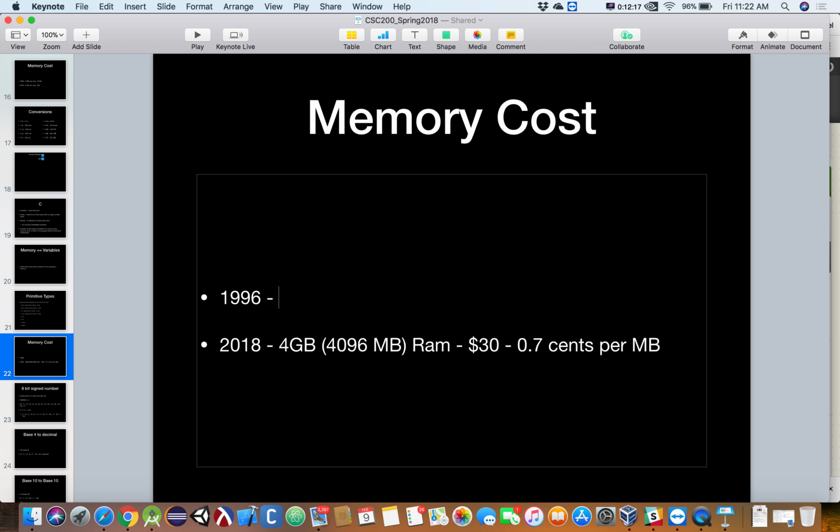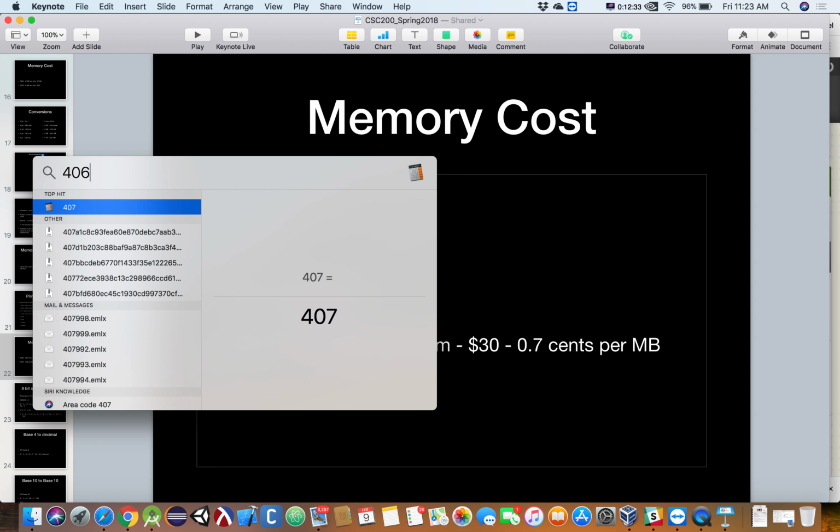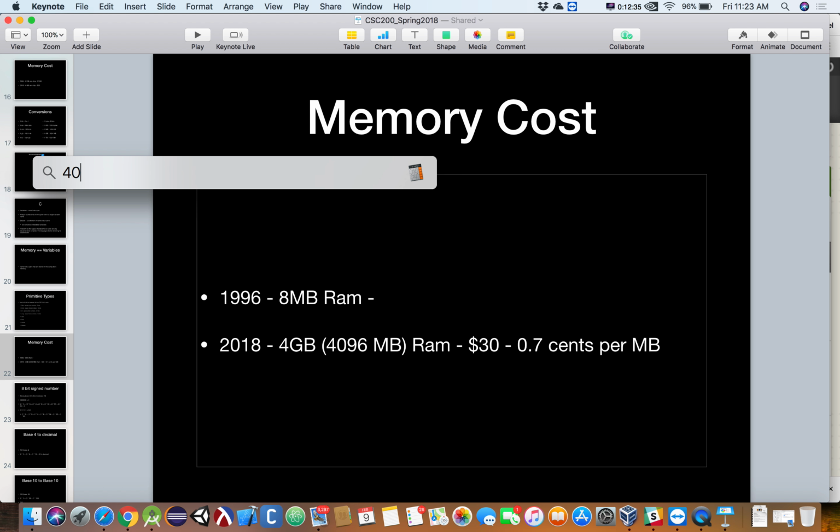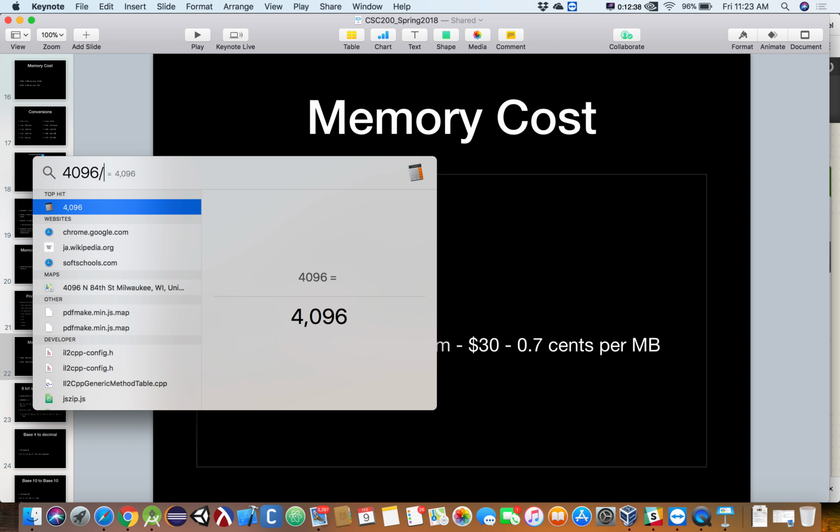I decided to upgrade that machine to 16 megabytes of RAM. 4096 is our budget laptop today, while 8 megabytes was state-of-the-art, bleeding edge, and we had to wait for them to release chips. So our cheap laptops today have 512 times more memory than I had in a machine in 1996 that was cutting edge.